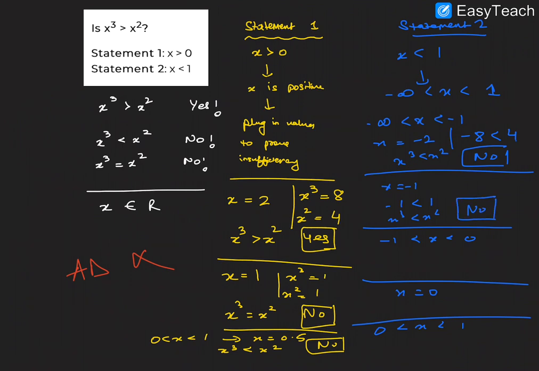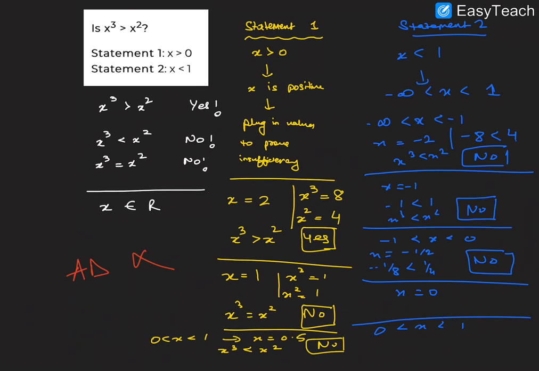Next, minus 1 to 0, any value, typically minus half. So what am I getting? x cube is minus 1 by 8 and x square is 1 by 4. So I'm having minus 1 by 8 is less than 1 by 4. Again, it's a no, x cube is less than x square. x is equal to 0.